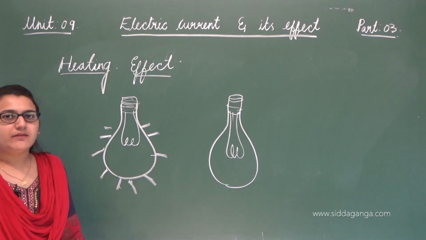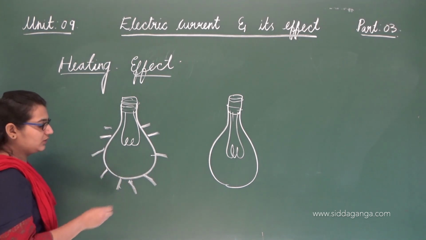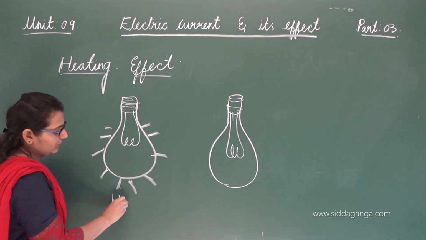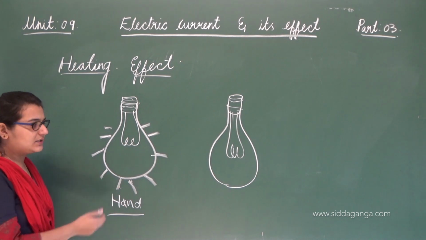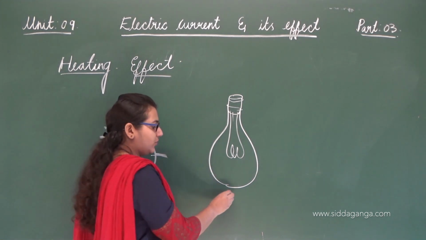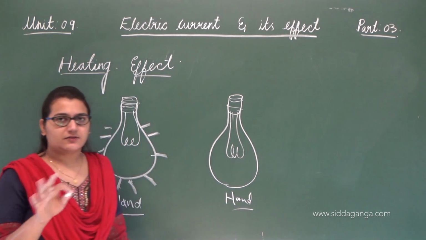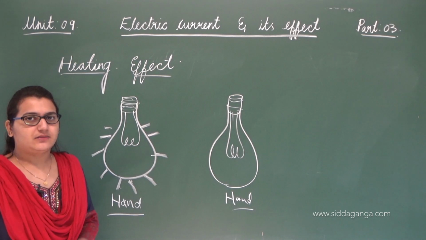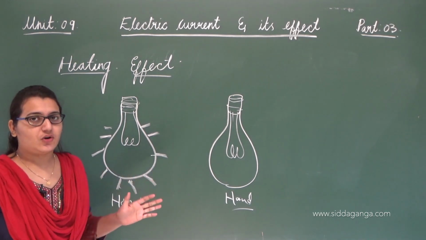What you have to do is keep your hand near this glowing bulb, but don't touch it. Also keep your hand near the bulb when it is switched off, just for a while, without touching the bulb.